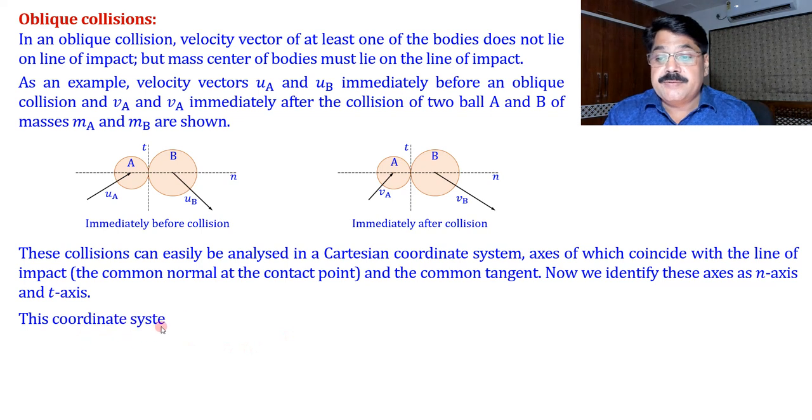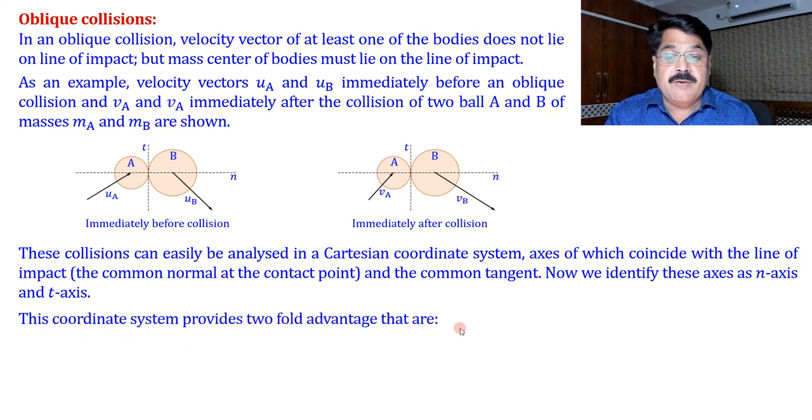Actually, using t and n-axis has advantages. This coordinate system provides twofold advantage. What are the advantages? If you resolve the velocities along the t-axis and n-axis, you can see along the t-axis there are no interaction forces, so the momenta of none of the bodies will change, and hence velocity. So along the t-axis, velocities of the bodies will remain unchanged.